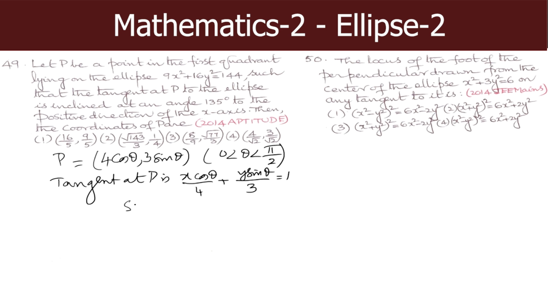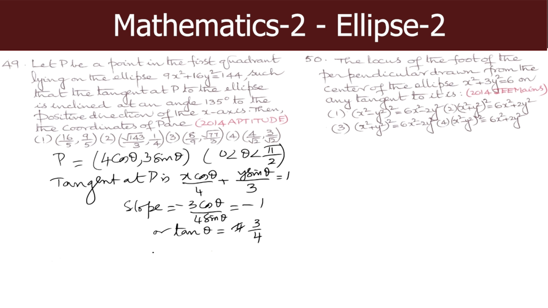So the slope is minus 3 cos theta by 4 sin theta, equal to minus 1, or tan theta equal to 3 by 4. Theta equals arc tan 3 by 4.